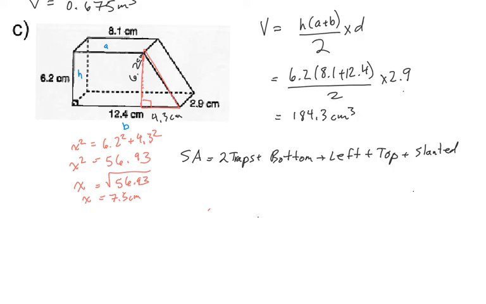Now we will substitute directly into the equation. So we're going to get the following. Equals 2 times, now I'm just using a square bracket to emphasize that it's different, 6.2 bracket 8.1 plus 12.4 for the trapezoid divided by 2. Plus the area of the bottom, which is 12.4 times 2.9.